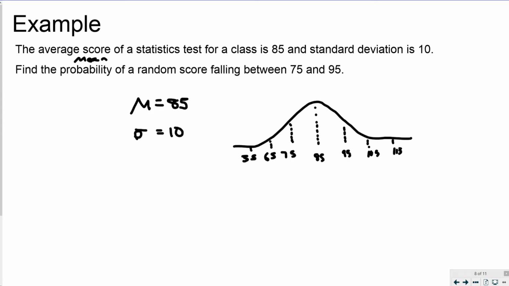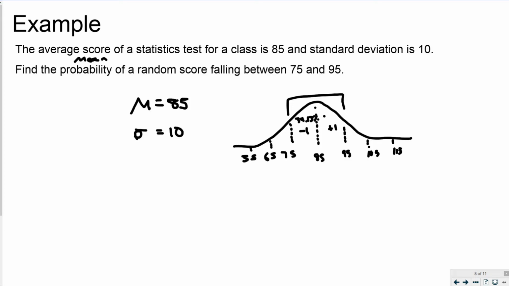Find the probability of a random score falling between a 75 and a 95. I note that a 75 and a 95 are both one standard deviation away. So it's minus one standard deviation here and plus one standard deviation here. If I look at my normal curve from before, these boxes were 34.13%, both of them.